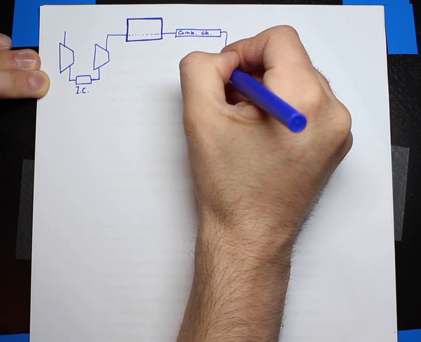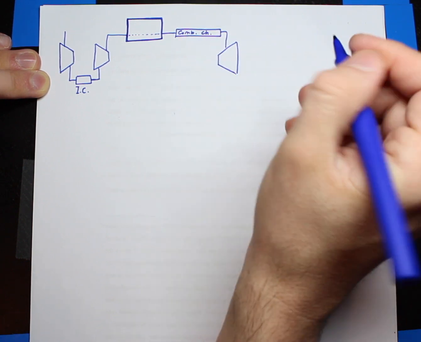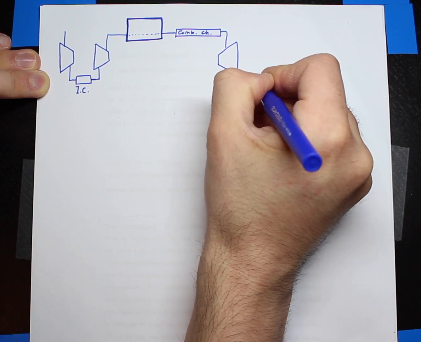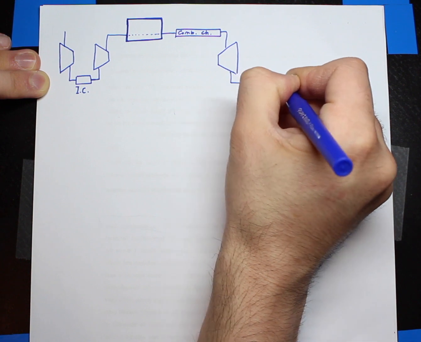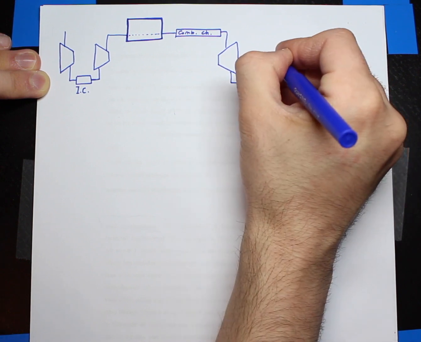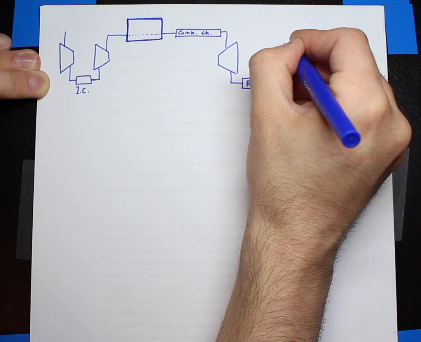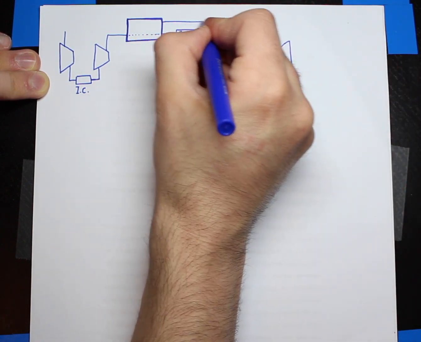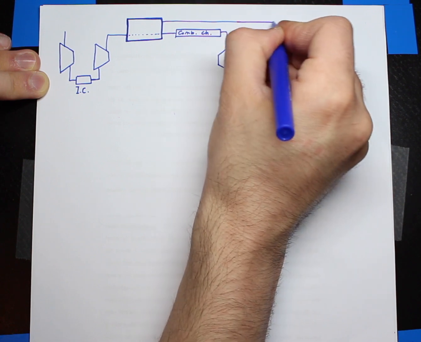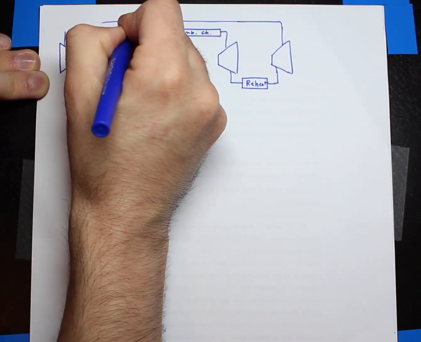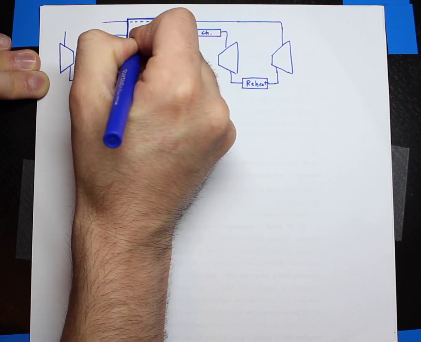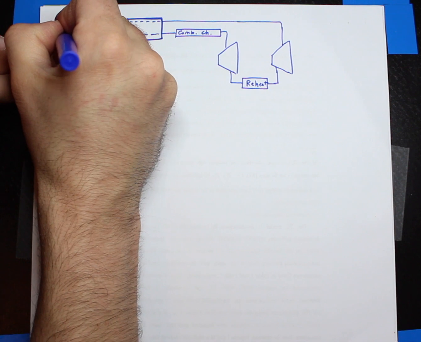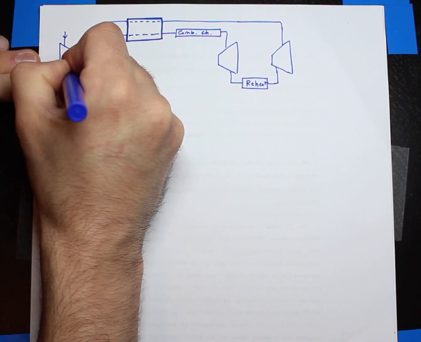And after that, the working fluid or air is sent to the turbine. Reheat between them. All right, and finally sent to the regenerator. Okay, so this is the direction of the cycle.